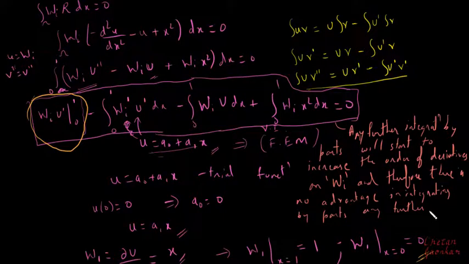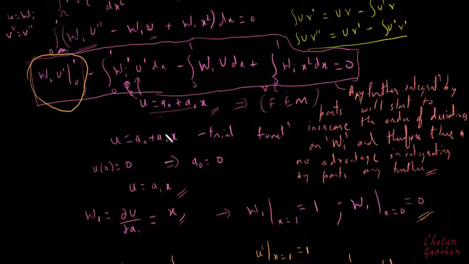This point is very important. We have to note down this point, that after a certain limit we just cannot go on carrying out the integration by parts, because although we will be able to reduce the order of the derivatives on residual, in the same process we will also increase the order of derivative on weighting function, and that will not be of much benefit to us.